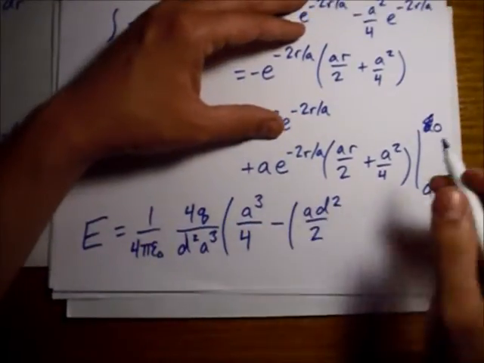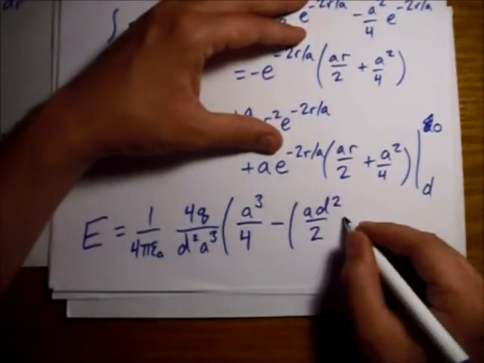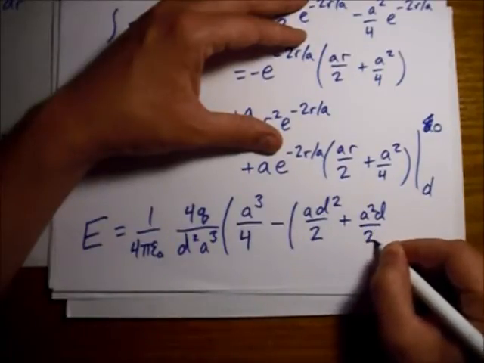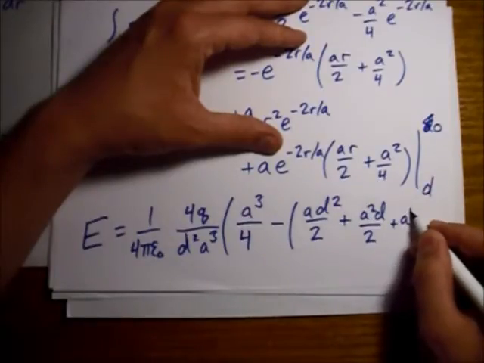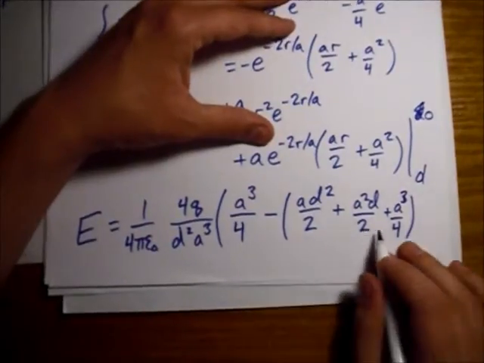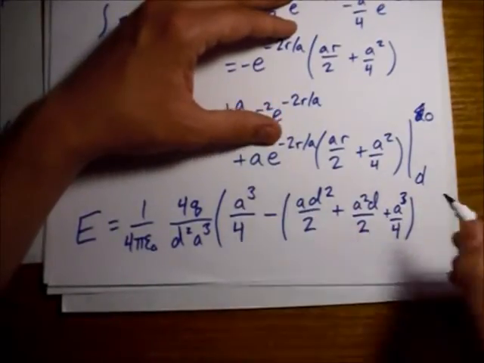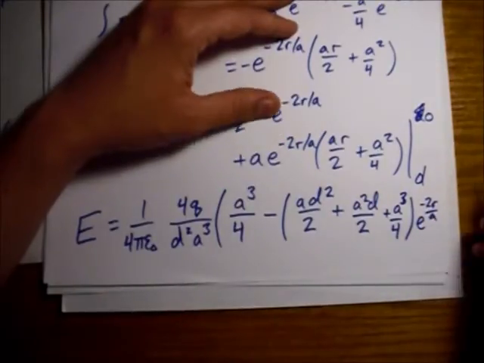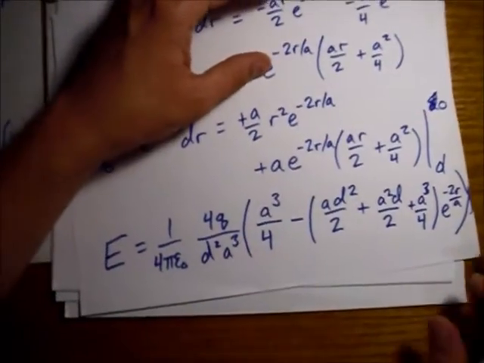You can do your own algebra, because I obviously am having trouble. So we have a plus a squared d over 2, and then plus a cubed over 4, and these three terms are multiplied by our exponent, e to the minus 2r over a. All right, and then we have our closed parentheses from this one right here.